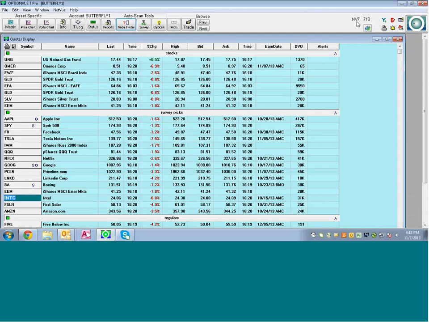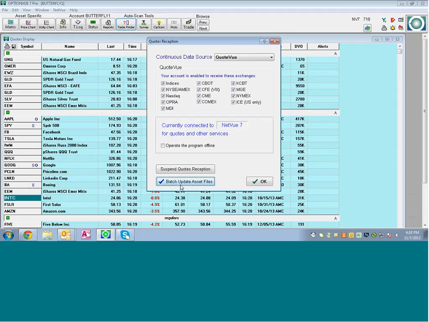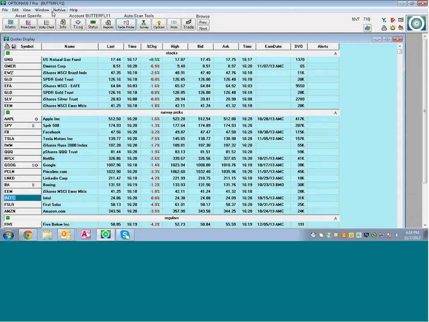We want to see what NetView server we're on and how many symbols we're using. We want a batch update right here. We can do a batch update or go to NetView and update asset files or update price chart files if we just want to do price charts. If we're going to go into BackTrader, that would be here. So NetView is a very important thing to do at the very first.